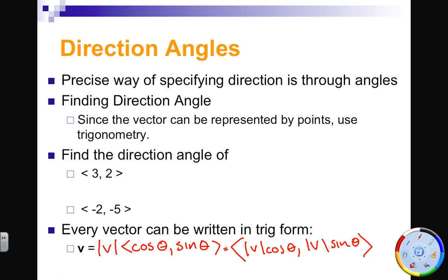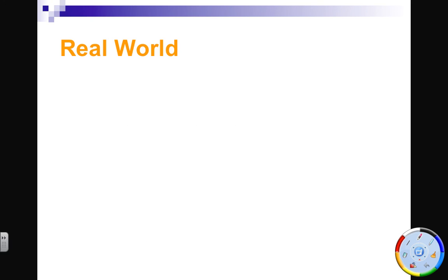All right? So obviously you're going to need to find theta. You could do that for this problem up here, and for this one down there. Trig form comes in handy for many different things.